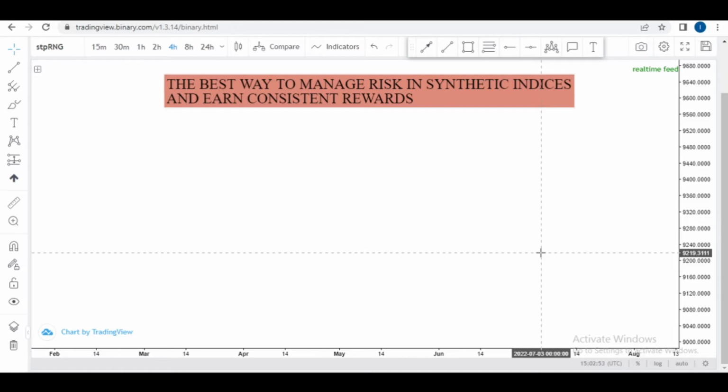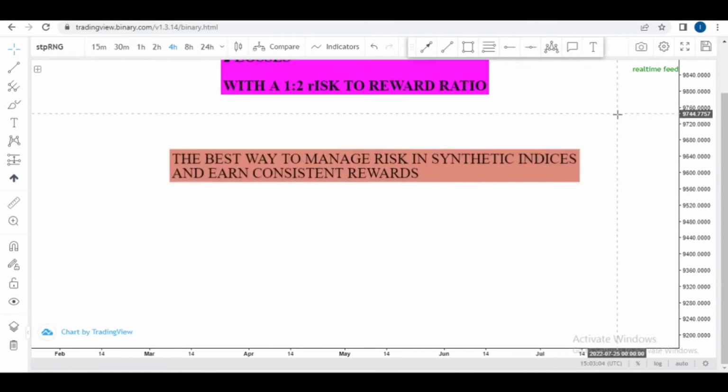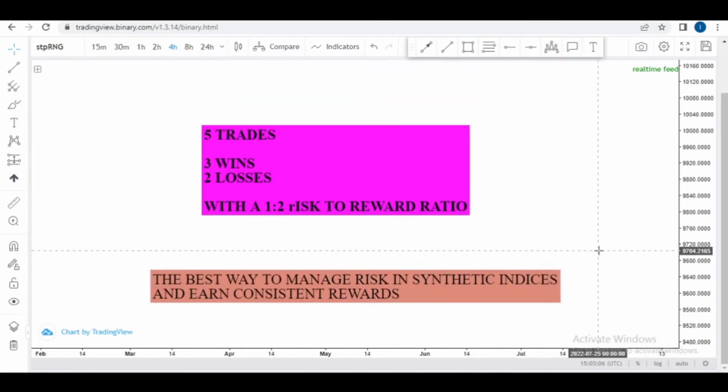Now let's say you place 5 trades in synthetic indices, and you won 3 and you lost 2 with a 1:2 risk to reward ratio.